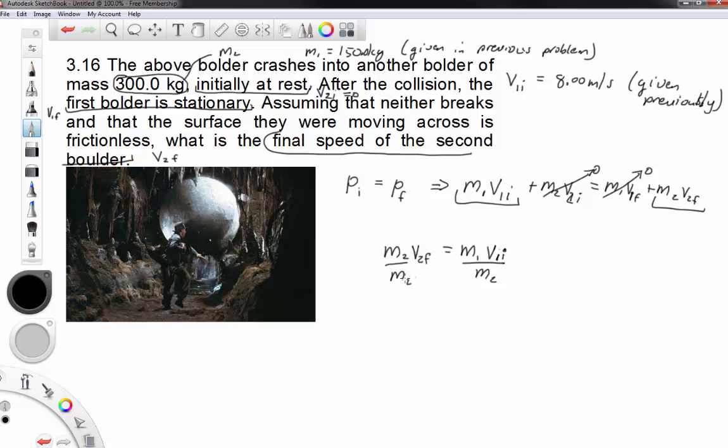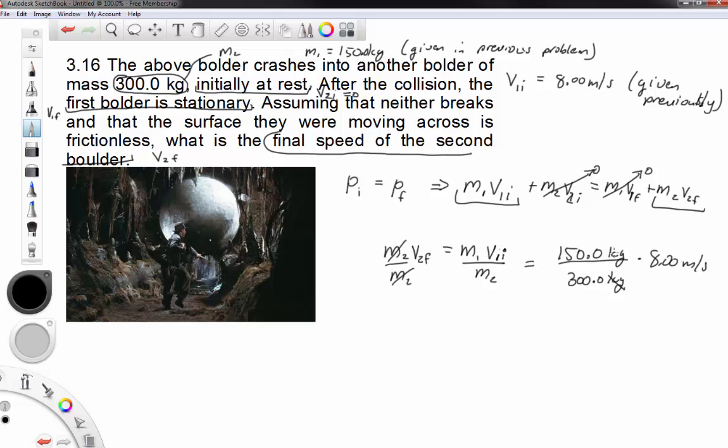So we can divide both sides by M2. And so we're left with V2F, the thing we're looking for. And that is going to be 150.0 kilograms divided by 300 kilograms, because those are the two masses, times 8 meters per second.